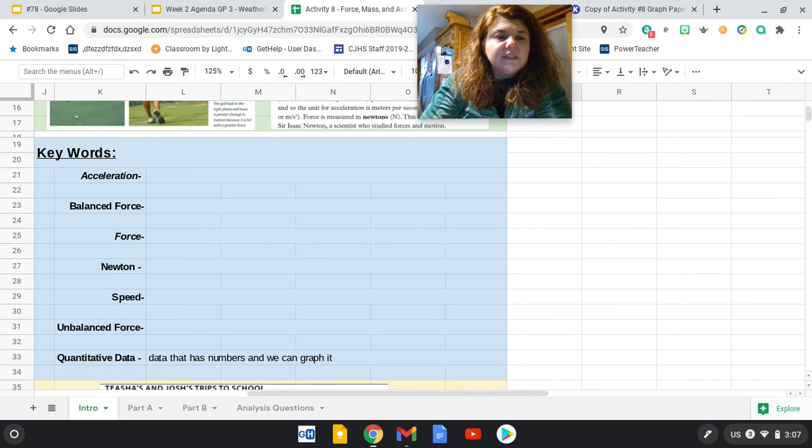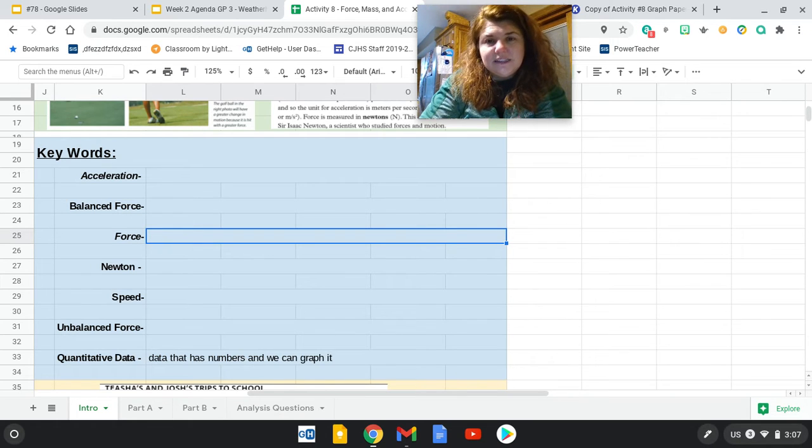So, for instance, as I'm looking at this list, force is typically a really short one. If you're thinking for a second, how would I explain force? Even if you can't think of the perfect words, you could also give an example of force, and that could be fine too.